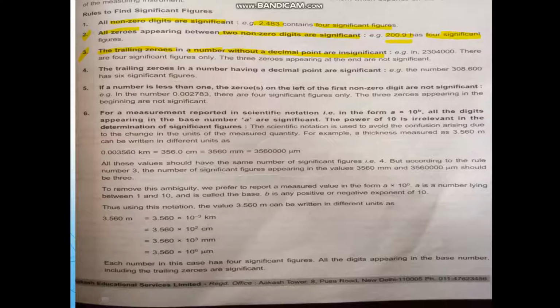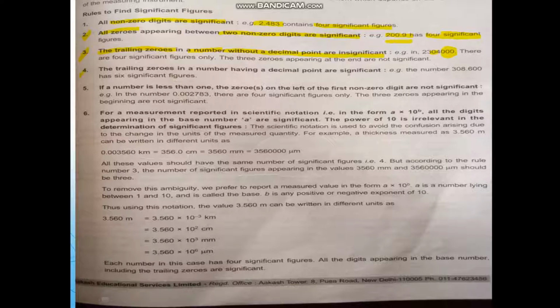For example, if you see this number 2304000, this 0 is significant because it is between two non-zero digits 3 and 4. But these three zeros, they are not significant because the number is without a decimal point. So in the number without a decimal point, trailing zeros, that is the zeros at the end, are not significant.